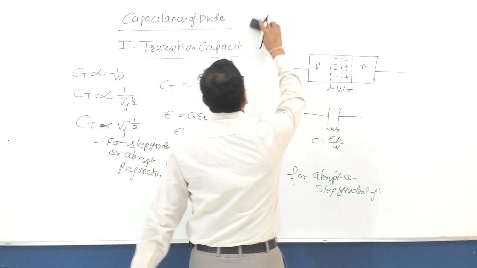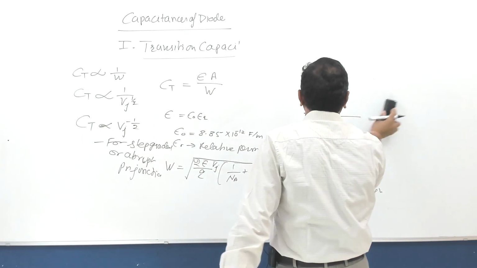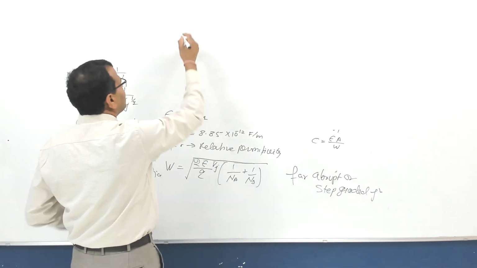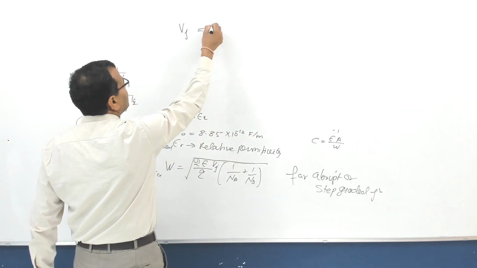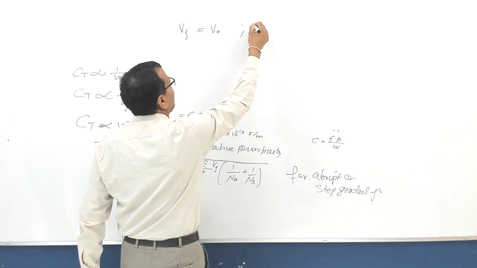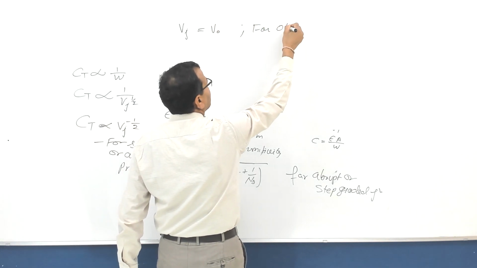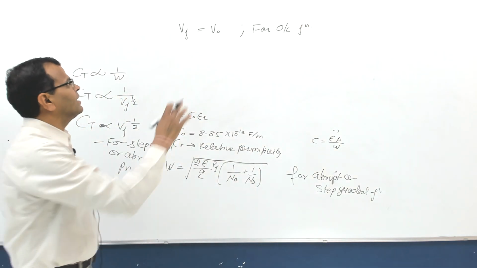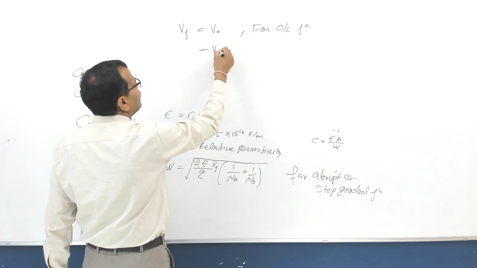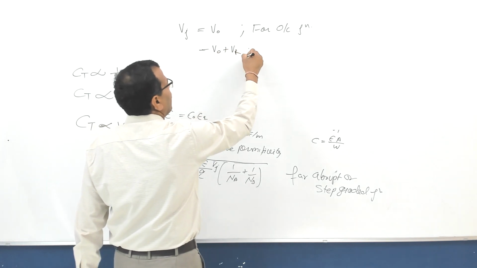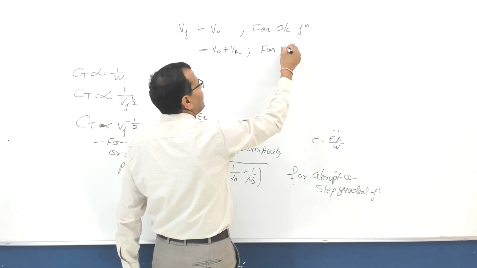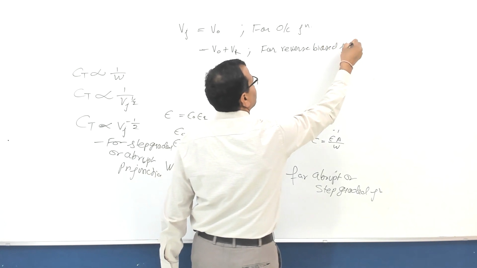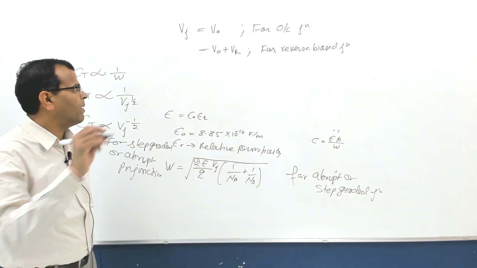Now we know what is Vj, I have already given you the expression. Vj is nothing but V naught for open circuited junction. When junction is open circuited, it is V naught. This is V naught plus Vr for reverse biased junction. I hope you remember that.